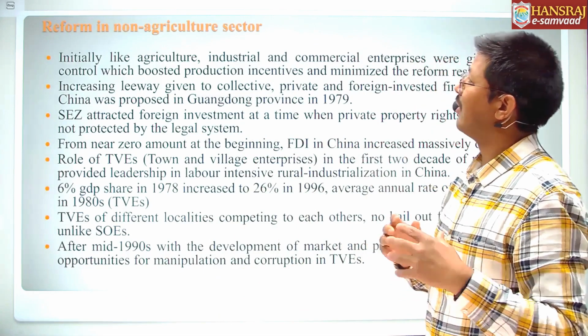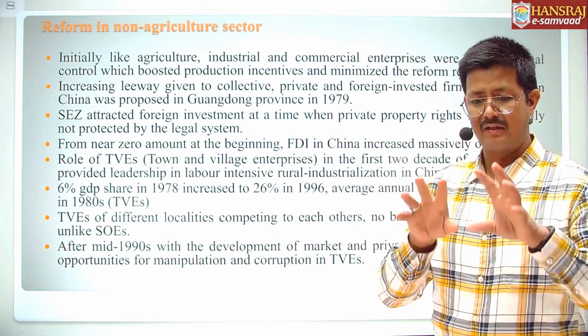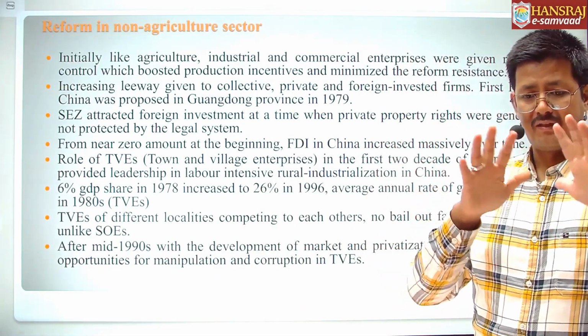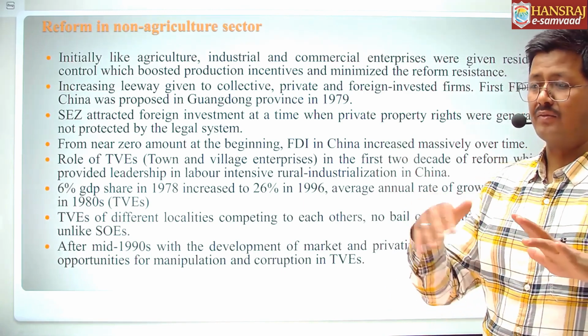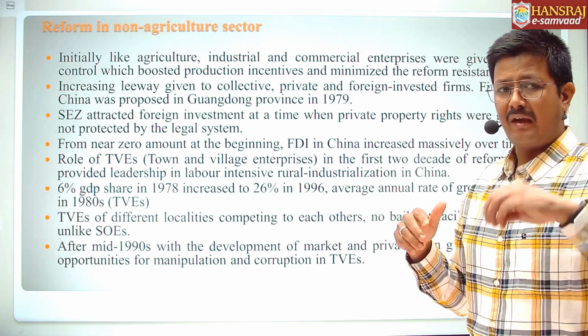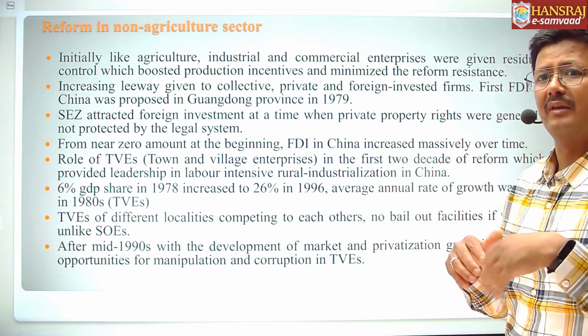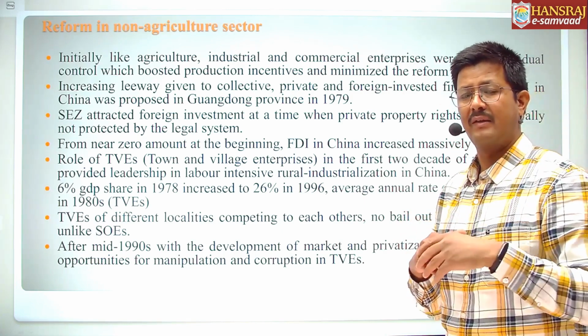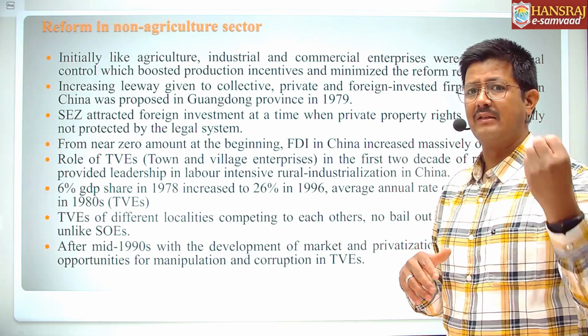The reform in the non-agriculture sector. China's reform simultaneously started from agriculture and extended to other non-agriculture sectors. Again here, ownership rights were given to commercial enterprises to take decisions.